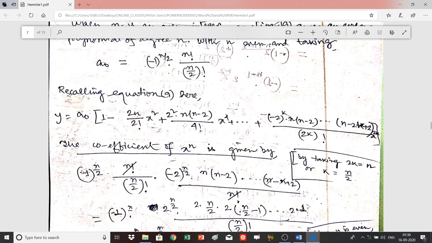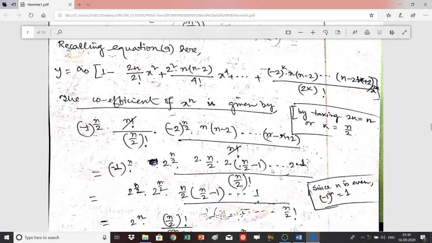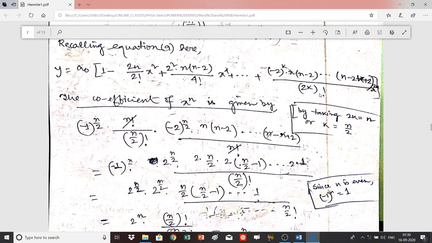So a0 is given by minus 1 to the n by 2, as you have considered here, and then n factorial by n by 2 factorial into, since k is equal to n by 2, here minus 2 to the power n by 2, and then into n minus 2k plus 2, which is n minus n, and then plus 2. So 2k is n, and n factorial is here.